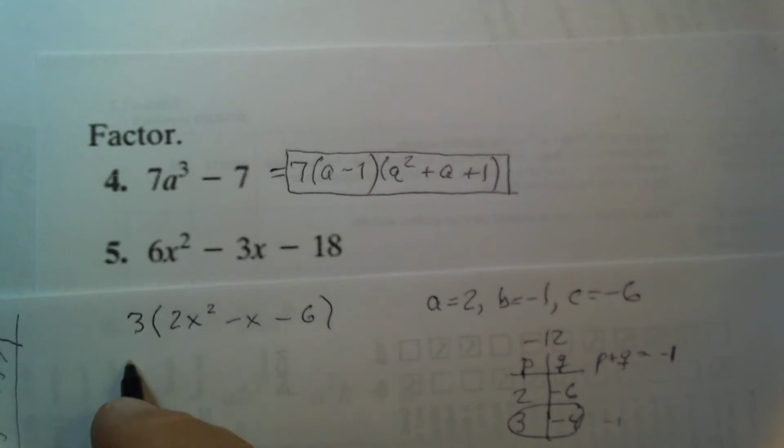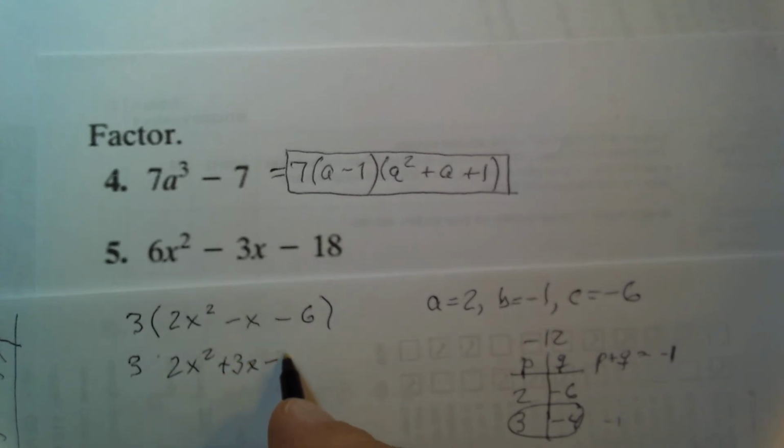So this becomes then 3 times 2x squared plus 3x minus 4x minus 6.